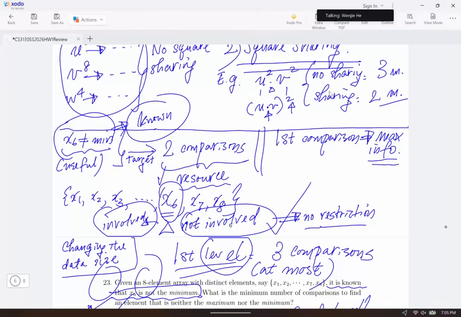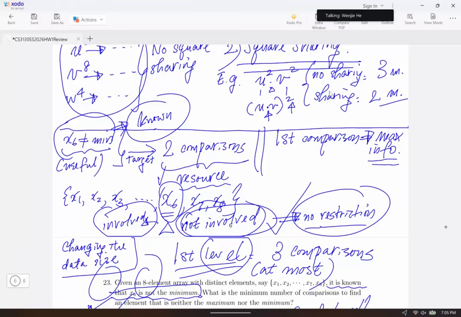But if your first comparison is not involved, the comparison result is completely useful. The one full comparison, that information, is the gain. But with x6 involved, you get a partial gain.